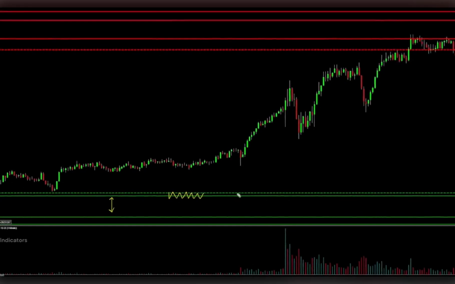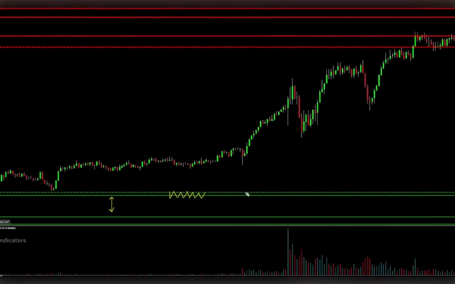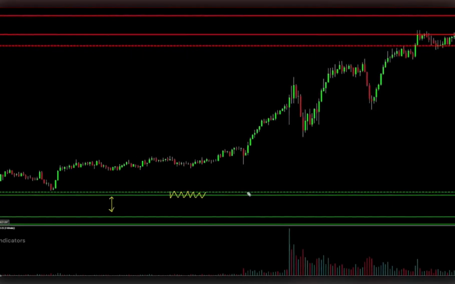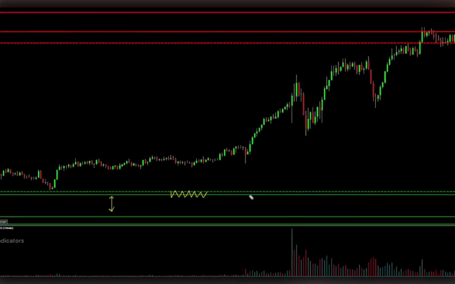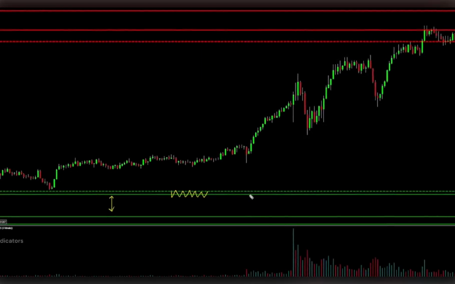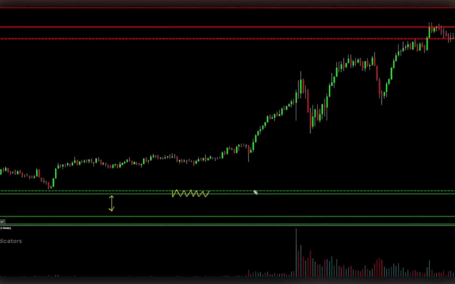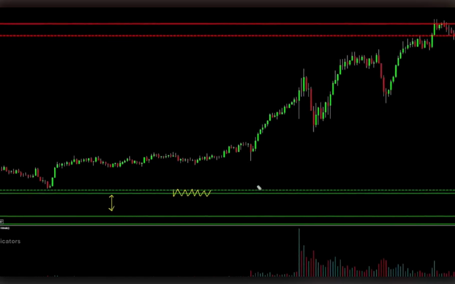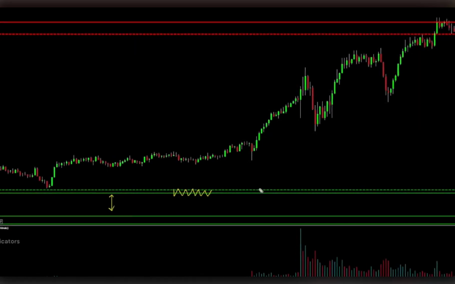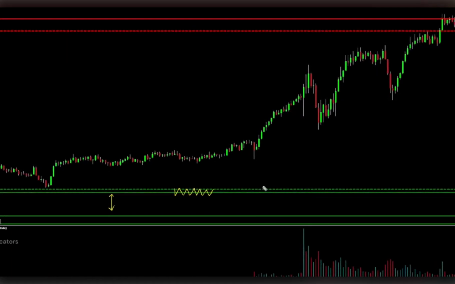So the algorithm is saying it has determined that support 0 should be here and support 1 should be here, which means there's more than one instance that it has looked at and said, this is a high probability area for there to be support. So it's basically like stacking over time.